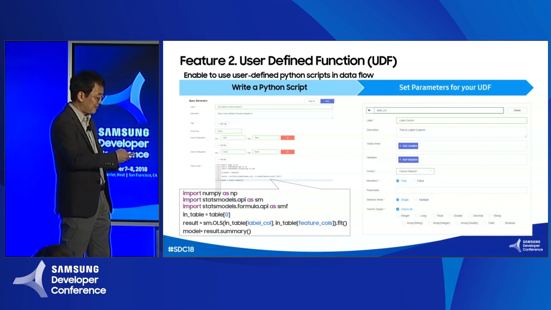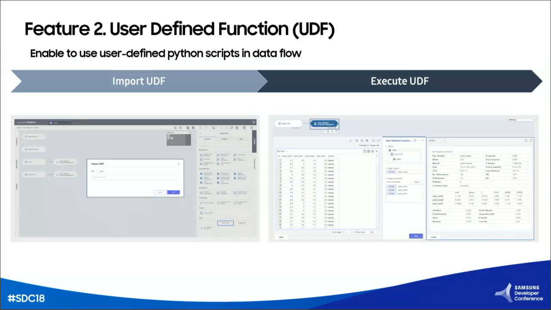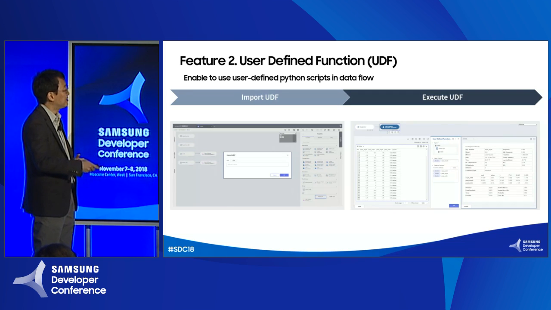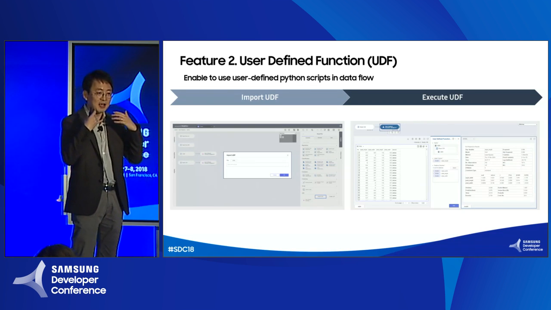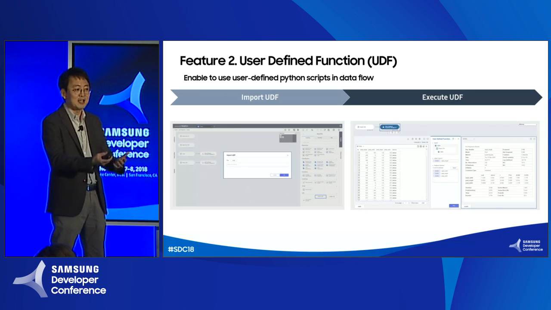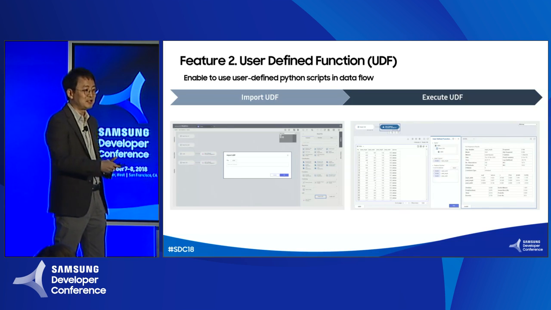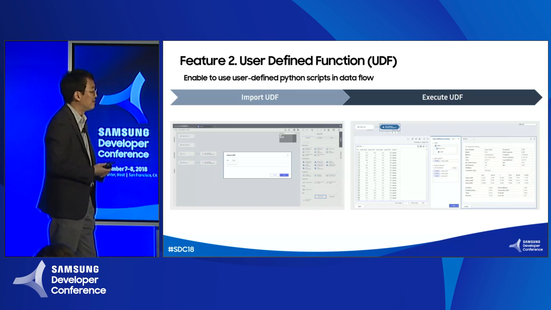Once you specify the input, there's an import to UDF, user-defined function, and your script will be loaded and shown in the palette here. So there will be the functions that we provide in the open source release, and the functions you uploaded, so that you can have your customized environment.